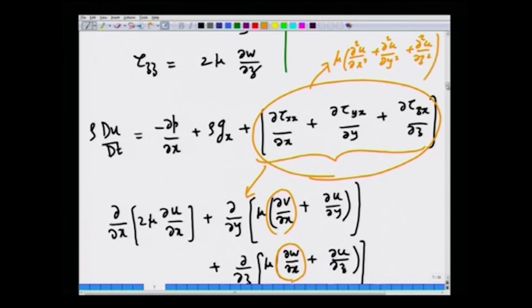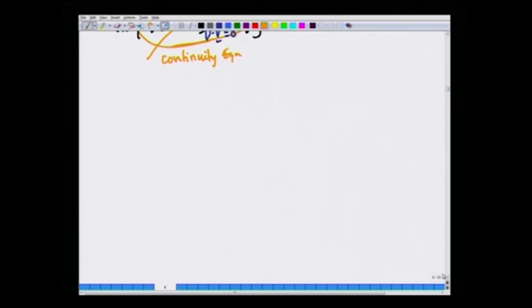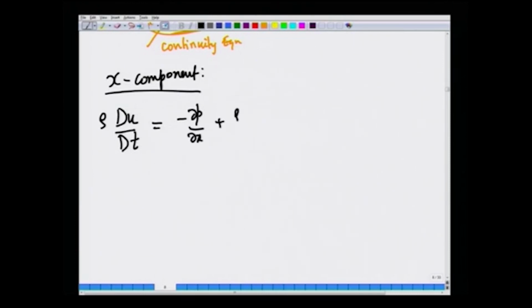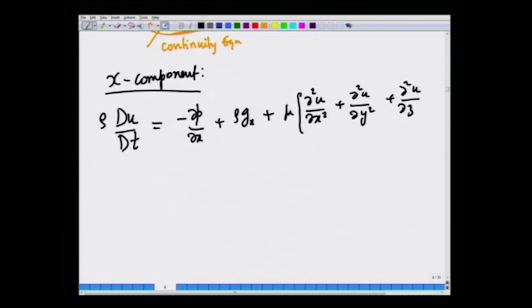So, I am going to write the x component of the momentum equation, after using the constitutive relation for the Newtonian fluid, as rho times the substantial derivative of the x component of the velocity equals minus partial p partial x, the pressure gradient term, plus rho g x, the gravity term, plus mu times partial squared u by partial x squared plus partial squared u by partial y squared plus partial squared u by partial z squared.